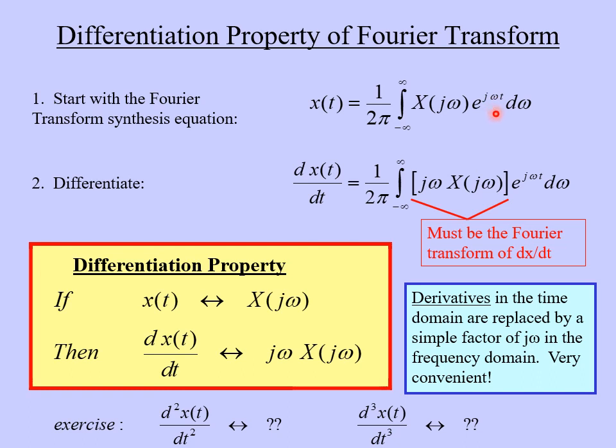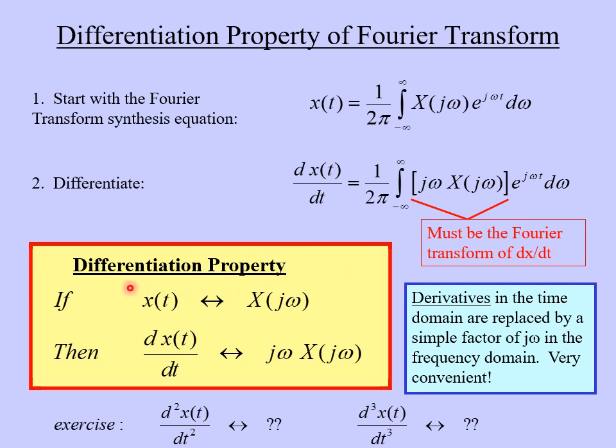When we take the derivative of that, a factor of j omega comes out in front, so I'm going to put that j omega in front of the Fourier transform, X of j omega. If we compare these, everything up here looks the same as down here. What this tells us is that the stuff in the square brackets has to be the Fourier transform of dx dt. If that wasn't super clear, don't worry about it.